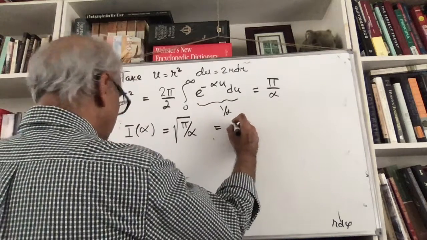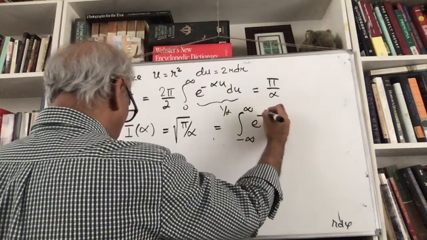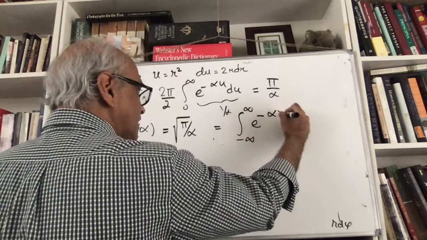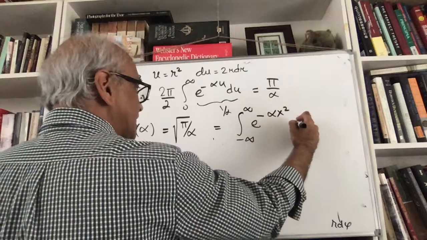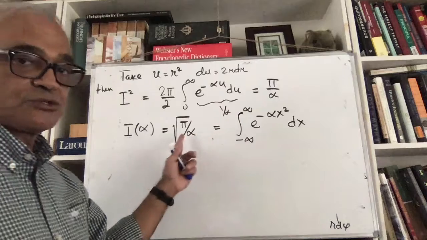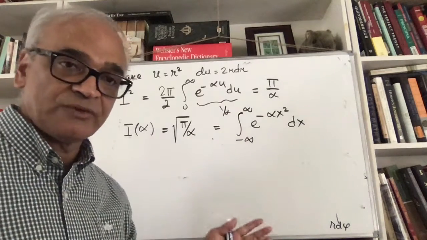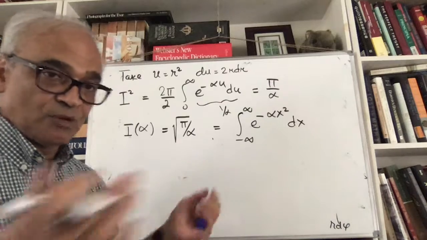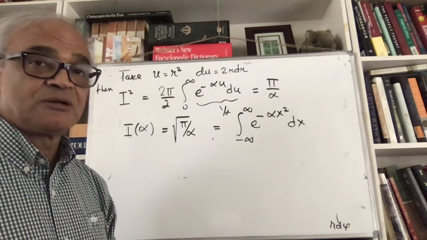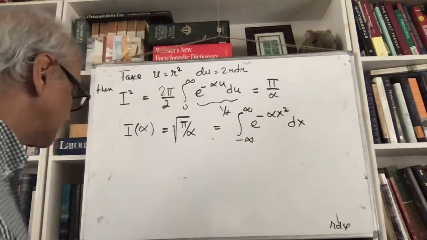This is our integration, minus infinity to infinity, e to the power minus alpha x squared dx. This integration is root pi over alpha. Now, irrespective of whether you're solving for molecular speed distribution or not, that is your integration. That's one way of solving it.